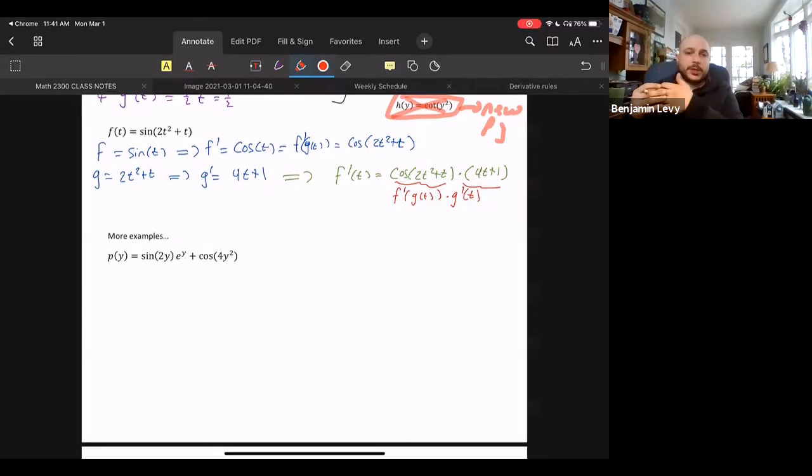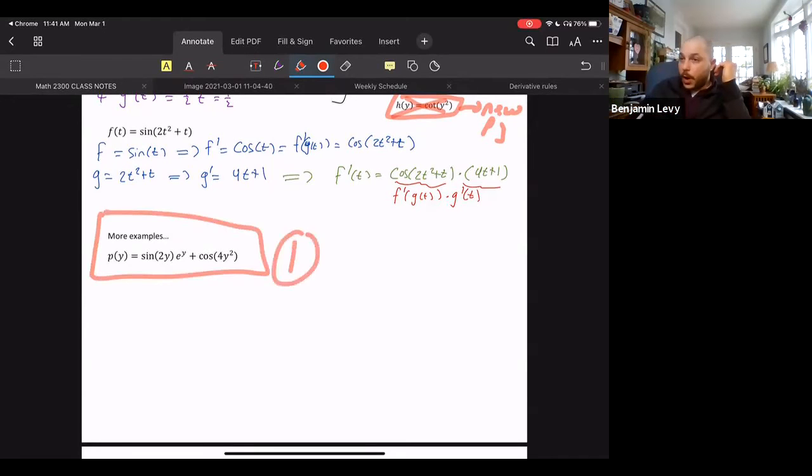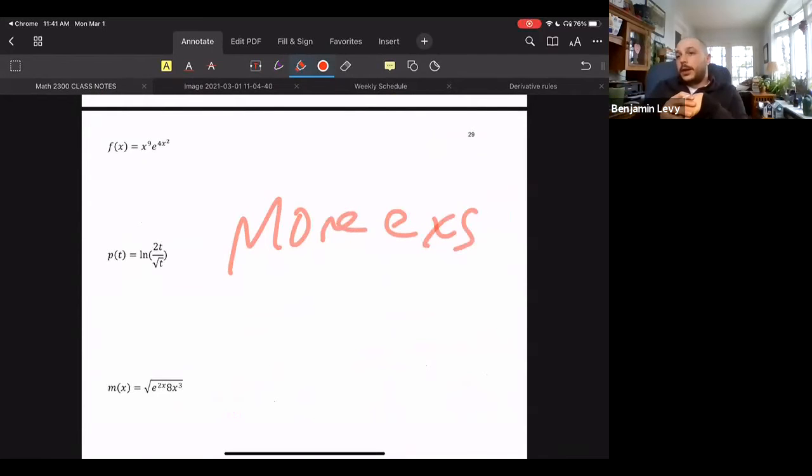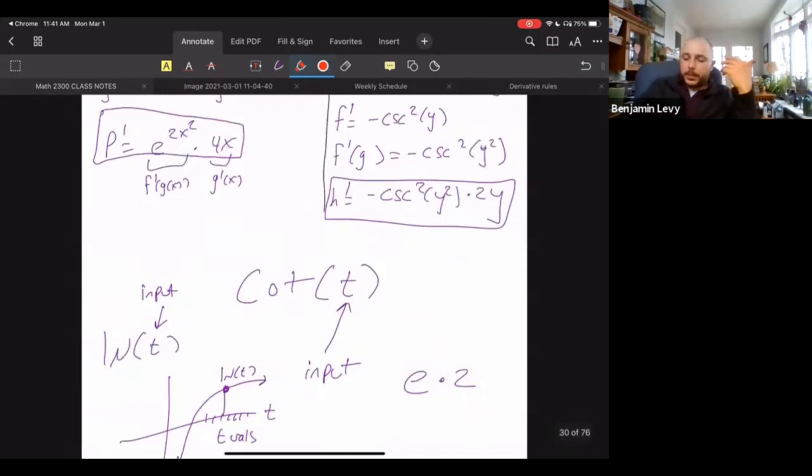So bring some homework questions that we can work on together as well. This is the more examples section, right? This is more example number 1, but there's a whole bunch more on the following page too. These are all just more examples, and they all combine other rules. And so we're starting to combine rules, and we just keep taking it up a notch.